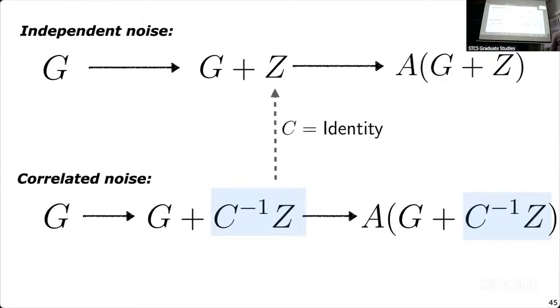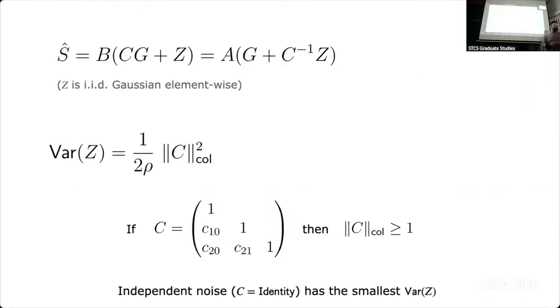The second thing is, of course, if we take this C matrix to be identity, we recover independent noise. And what we see from this expression is, if I normalize the diagonal of the C matrix to be all ones, the column norm of the C matrix is never smaller than one, because there's a one there and anything has to be larger than that.